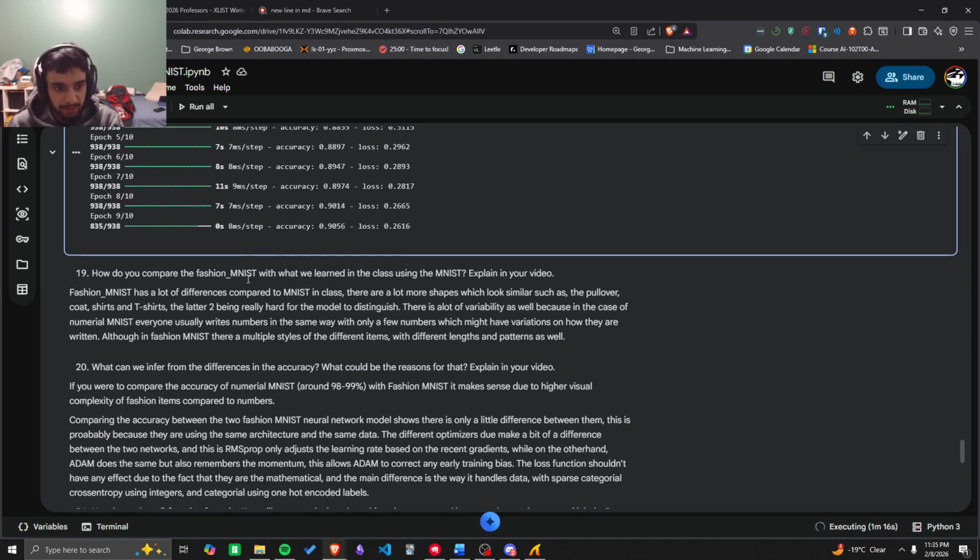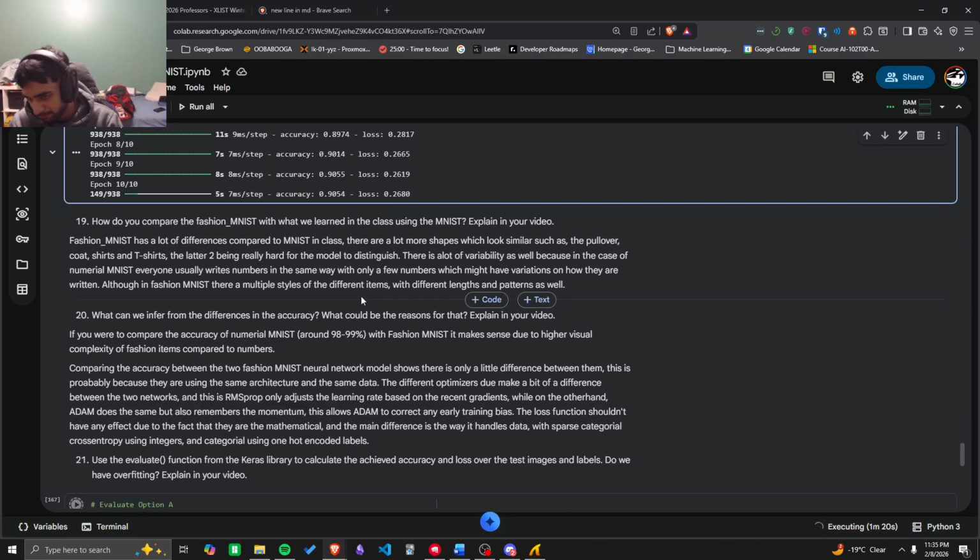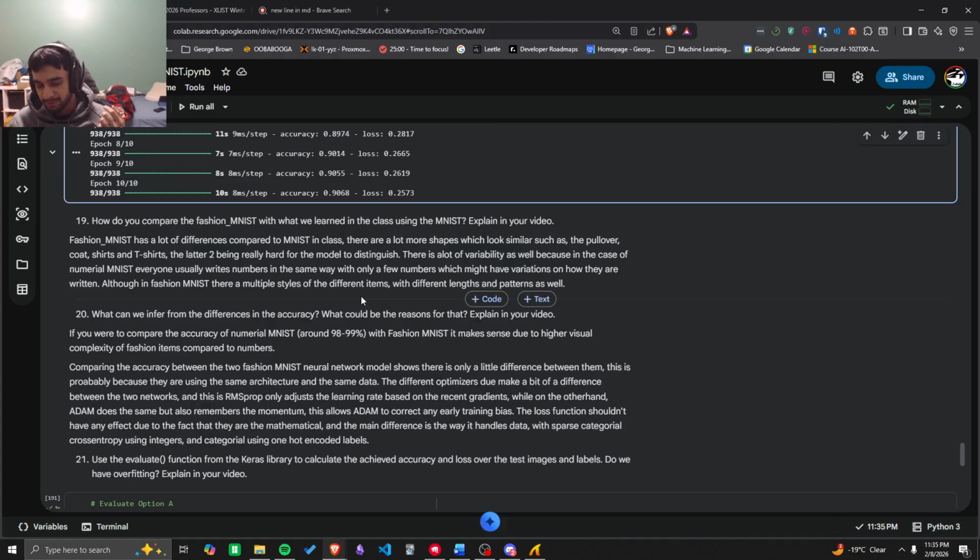How does Fashion MNIST compare to regular MNIST? Well, you can see from Fashion MNIST to regular MNIST, there's more fluctuation in shapes and sizes. For example, a hoodie or a pullover like this, there would be multiple sizes, colors, patterns, textures for just one item.